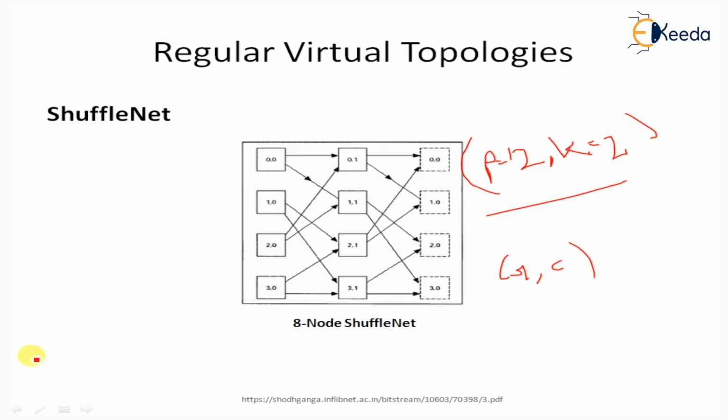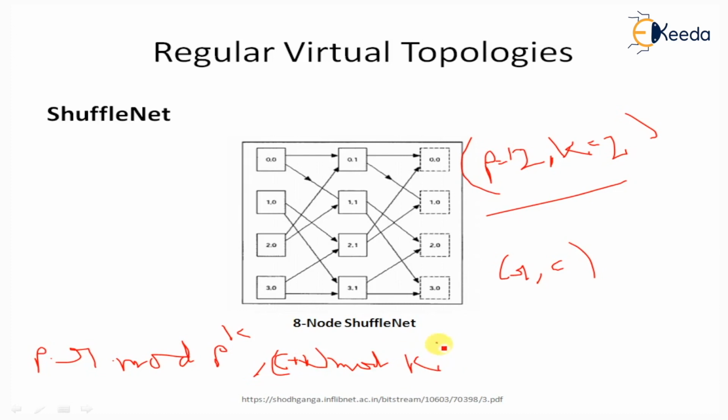I will write down the equations over here. The first is (p times r mod p raised to k, c plus 1 mod k).